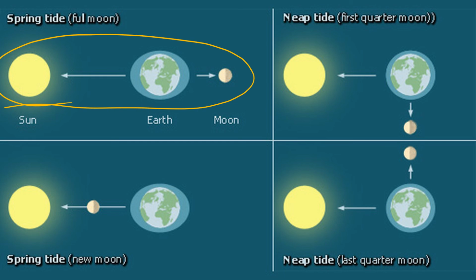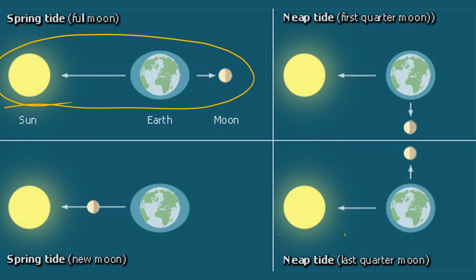So the stronger gravitational pull of the sun is pulling the water towards it, and the weaker gravitational pull of the moon, but because it's closer, is causing it to go over here. So the tides will be higher in a spring tide than in a neap tide. Okay, so spring tides are bigger tides.